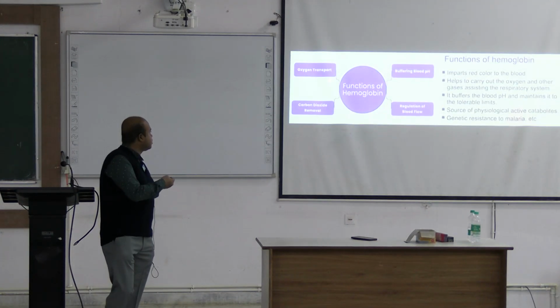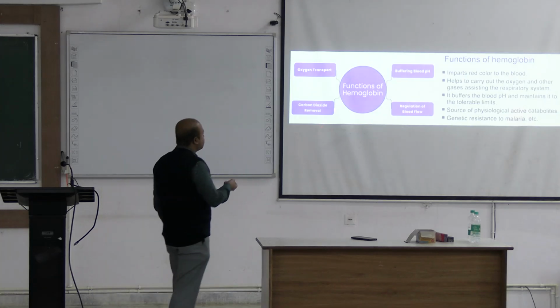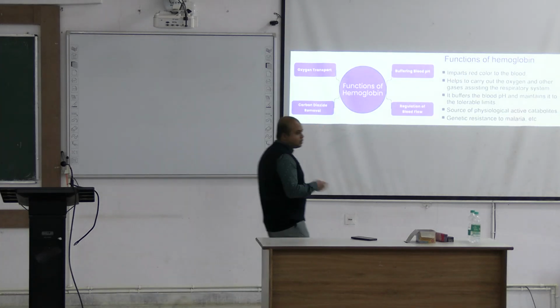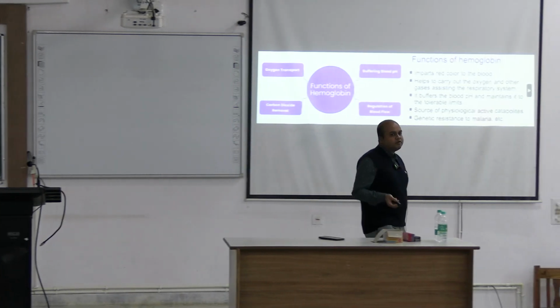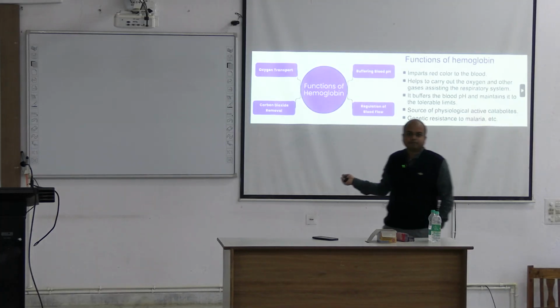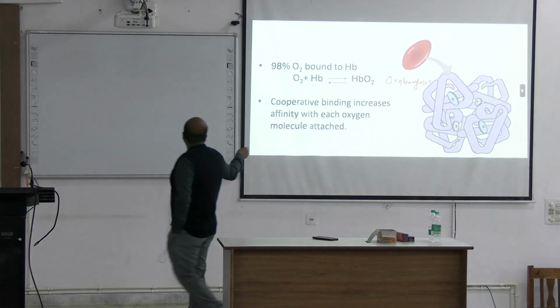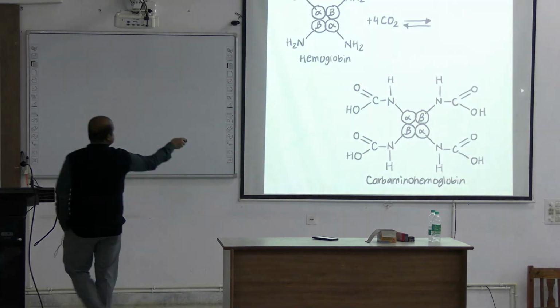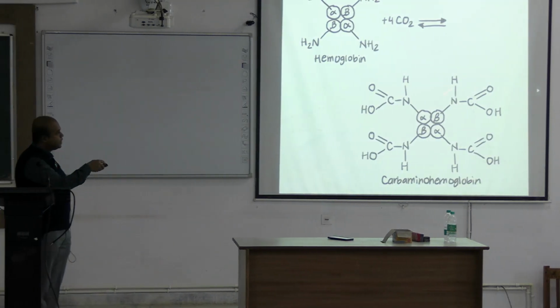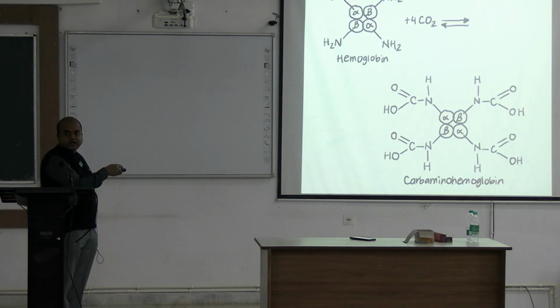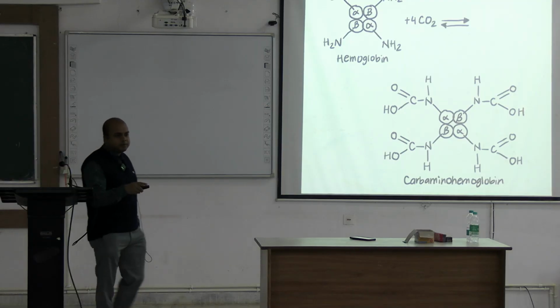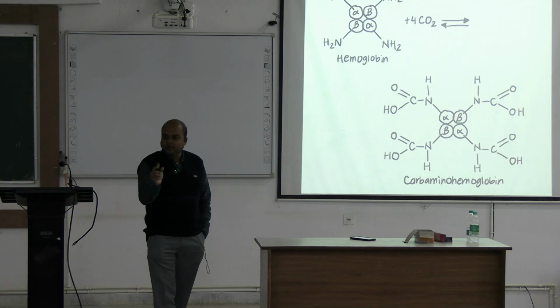But go for these four: oxygen transport, carbon dioxide transport and removal, buffering of blood pH, and regulation of blood flow through nitric oxide. This is carbamino hemoglobin, globin combining to carbon dioxide, but for oxygenation, the heme part is required.